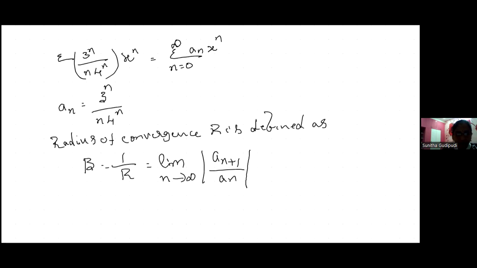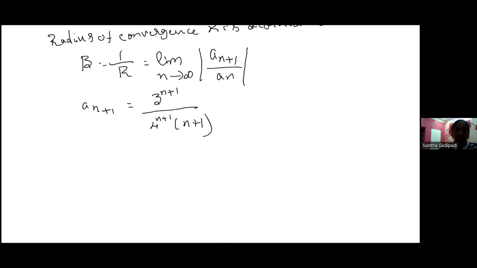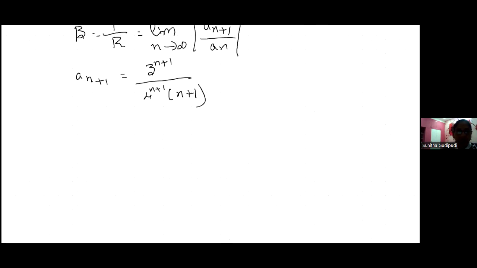So we know what a_n is. Let us figure out what a_(n+1) is. That becomes 3 to the power n plus 1 by 4 to the power n plus 1 into n plus 1. So beta is equal to 1 by R is equal to limit n tends to infinity modulus of a_(n+1) by a_n.